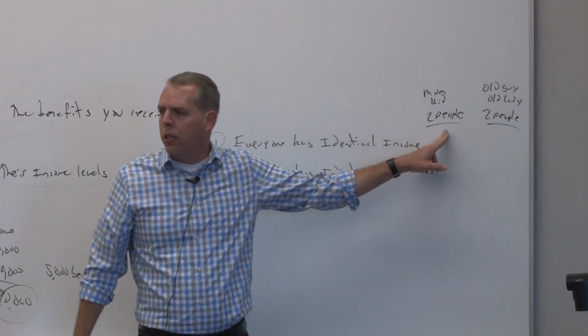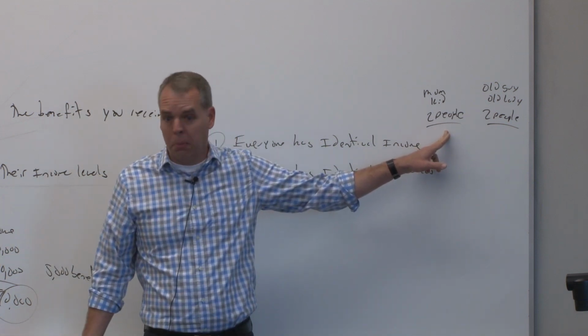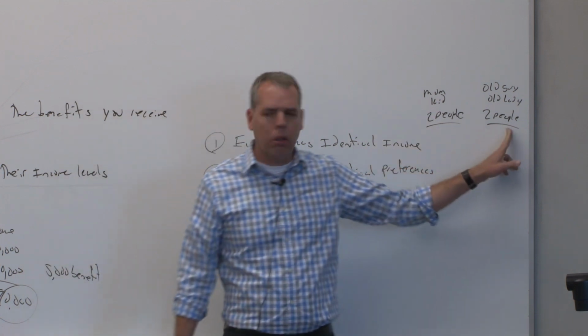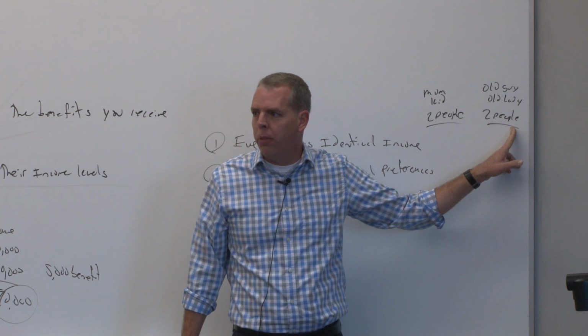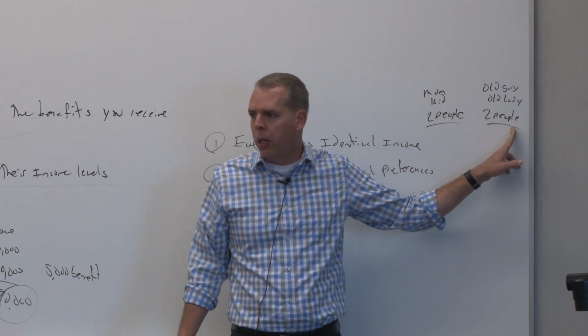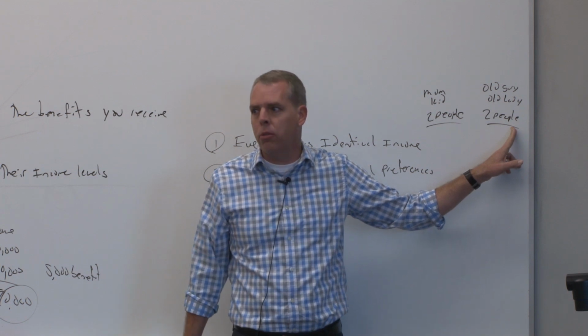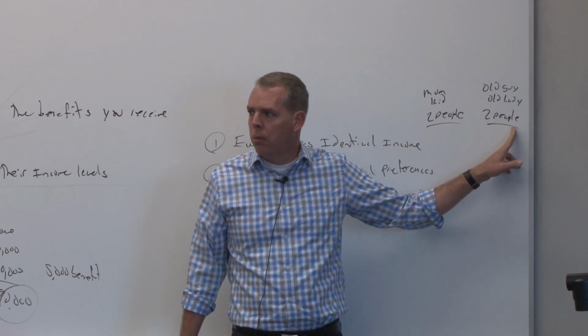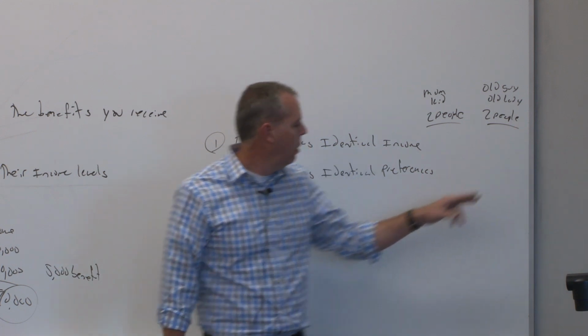I want lots of spending for K through 12 education because my kid's in K through 12. I don't want that. I don't have any kids in K through 12. Quit taxing me for these kids. I'm not going to be alive to see them grow up. Old people hate property taxes. Do you know why? Because it funds schools, and they don't want to fund schools. They don't have kids. They're like, why should I pay for this?